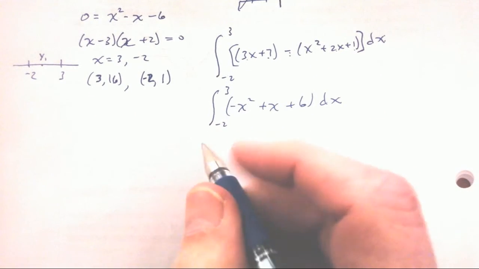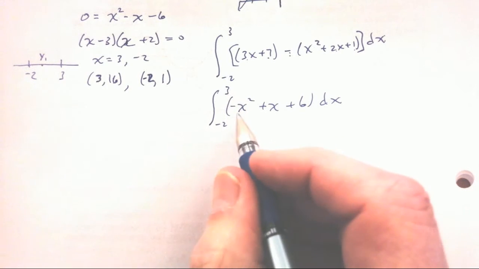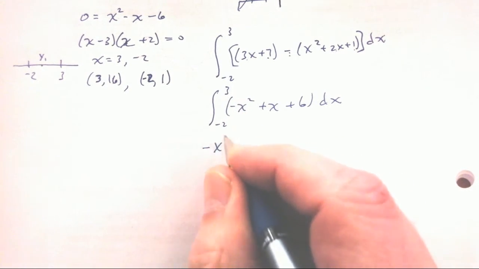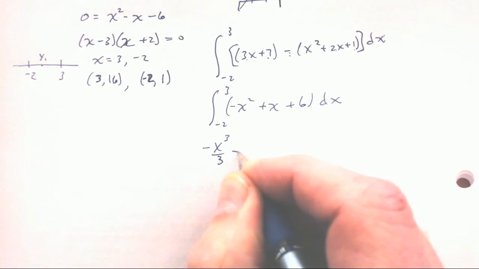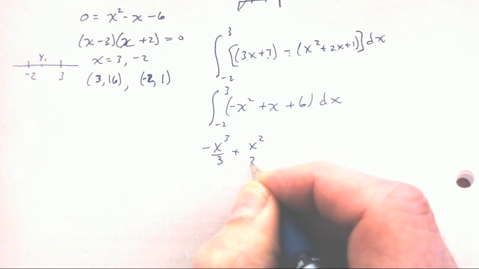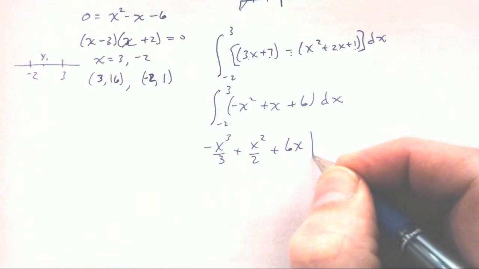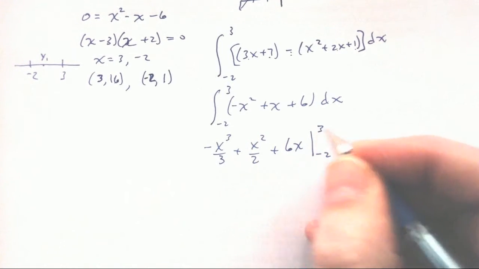Before I put them in, I'm going to go ahead and integrate it. I get negative x cubed on 3 plus x squared on 2 plus 6x from negative 2 to 3.